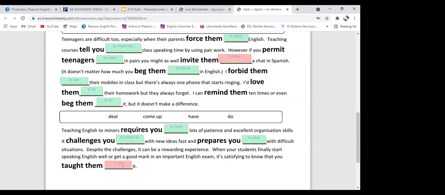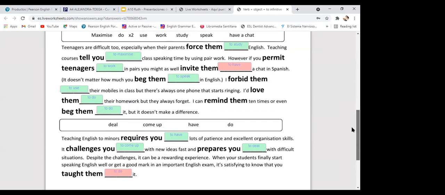Teach them to do it. Oh, how to do it. Yeah, they didn't include how here. But this one also should be marked as correct because they didn't add the WH word, how to.